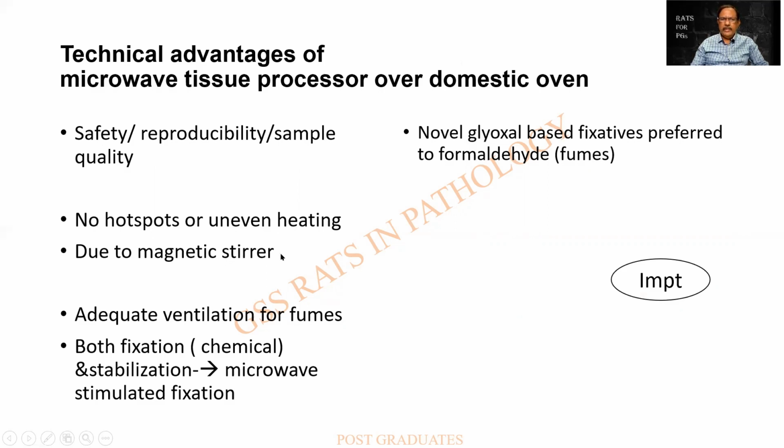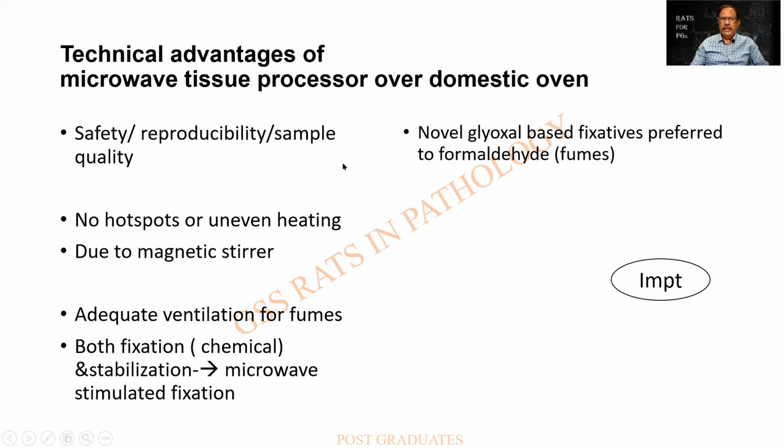Due to the magnetic stirrer, you find that this is maintained. Adequate ventilation of the fumes. Go to the previous picture, you will be able to identify. And both fixation after the chemical bondage being broken and stabilization, the microwave stimulated fixation can proceed. So these are the various things.